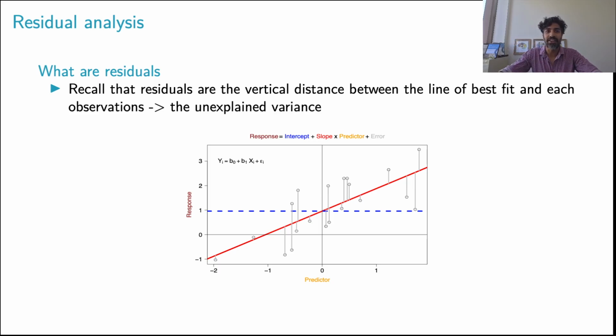The dots here are your data points, the gray lines are the residuals, so it's in essence the unexplained variance. When we're talking about variance, this totals the unexplained variance in our model, because here's our line of best fit through the data points, and here is where it's not really fitting very well.